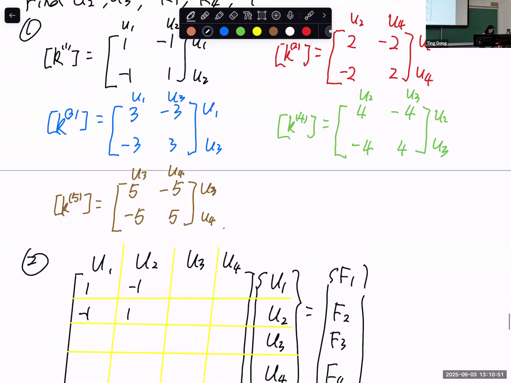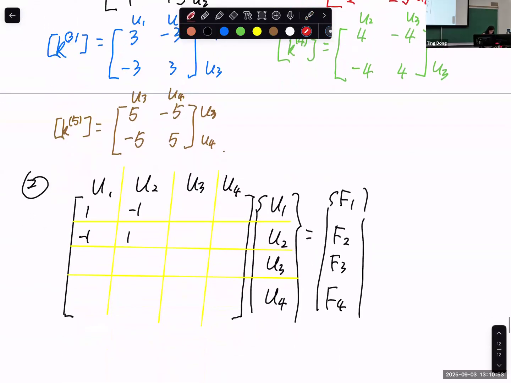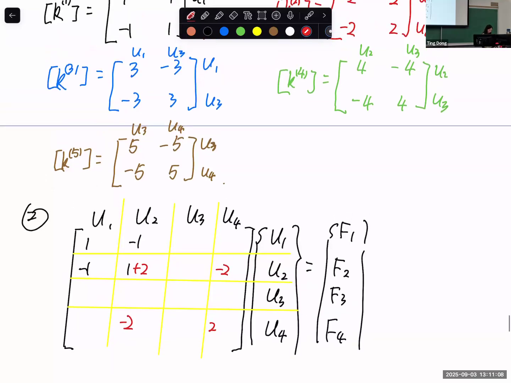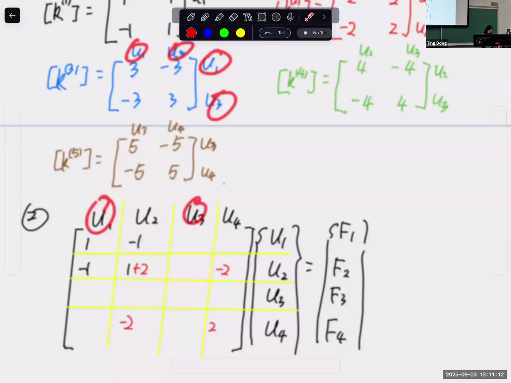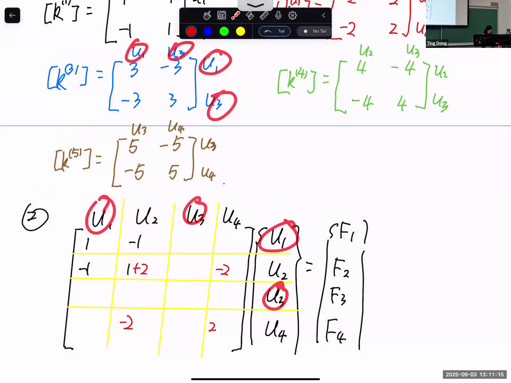So now let's put in element 2. It becomes +2, -2, -2, and +2. Similarly, for element 3, it is U1, U3, U1, U3, so the 4 components should be here, here, and here.